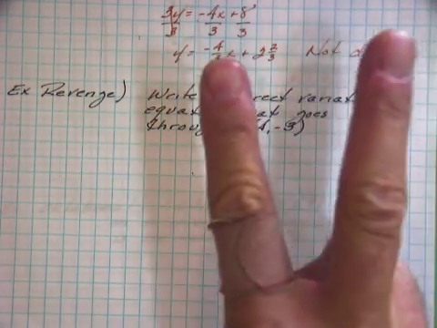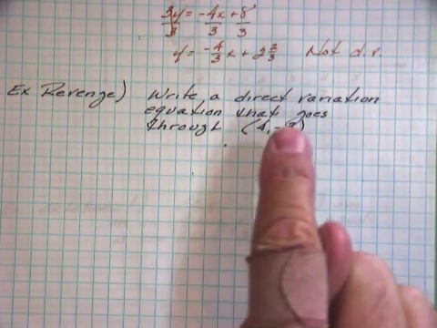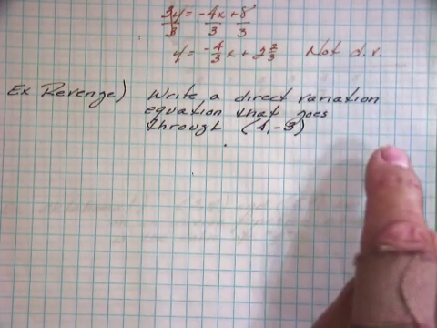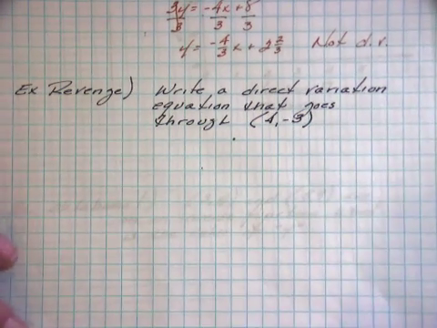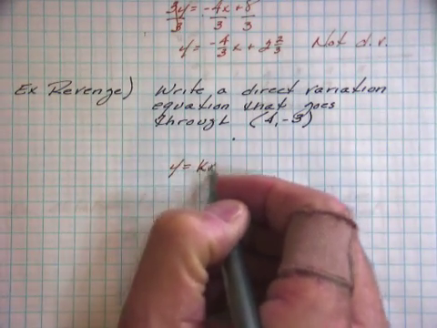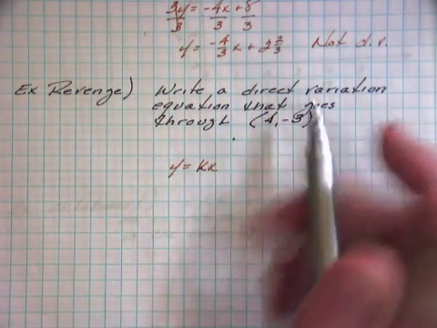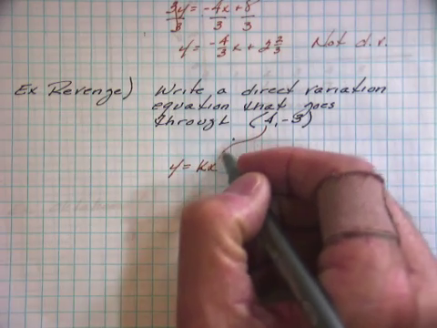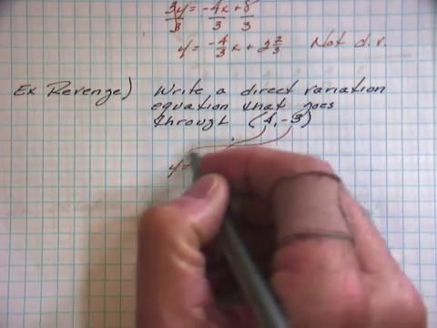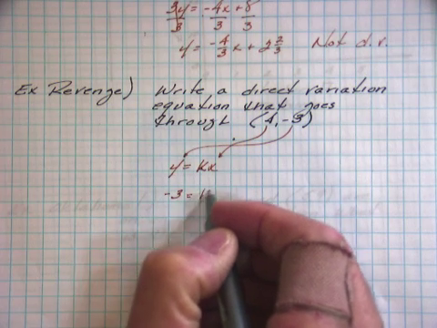Now, write a direct variation equation that goes through the point 4, negative 3. Now, because it's direct variation, I actually know 2 points here. I know that point is on the graph, and I know the origin 0, 0 is on the graph. Okay, but let's just write y equals kx. So that's the general form of a direct variation.